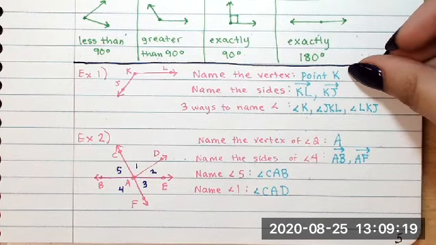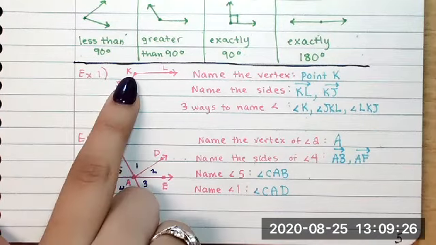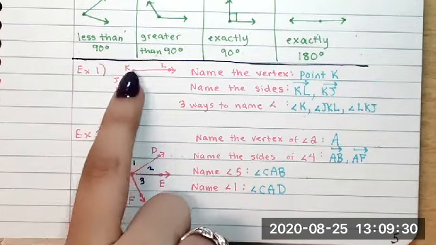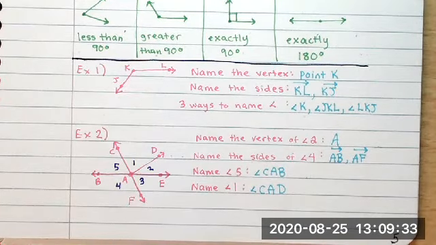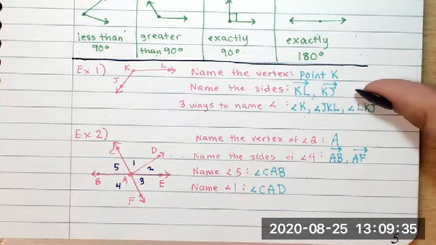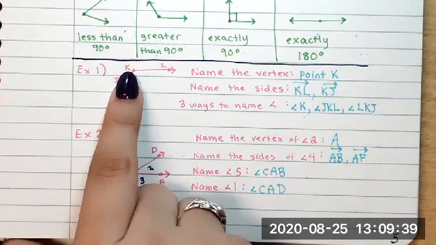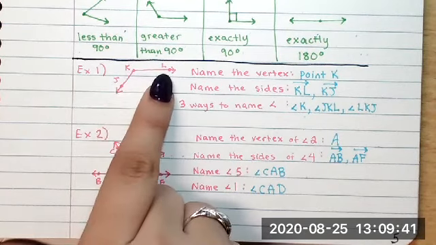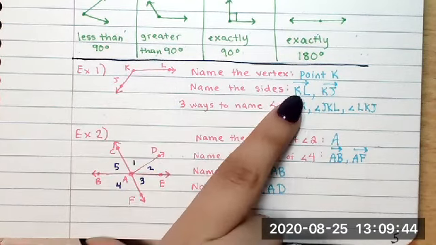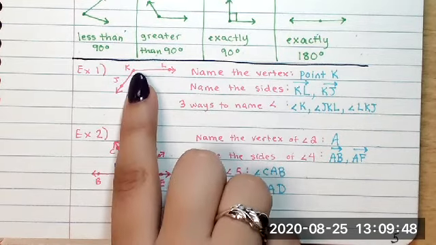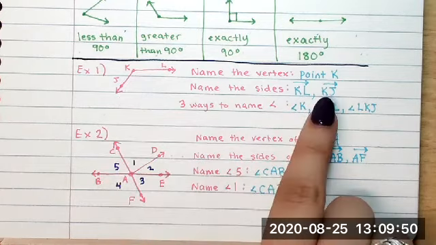So with point K being the vertex, all we had to do was put K in, as K is the point that is shared by both this ray and this ray. In order to name the sides, we had to name the rays, starting with our shared point K, going to L for our first name, so ray KL with the ray symbol on top, and then for the other one, ray KJ with the ray symbol on top.